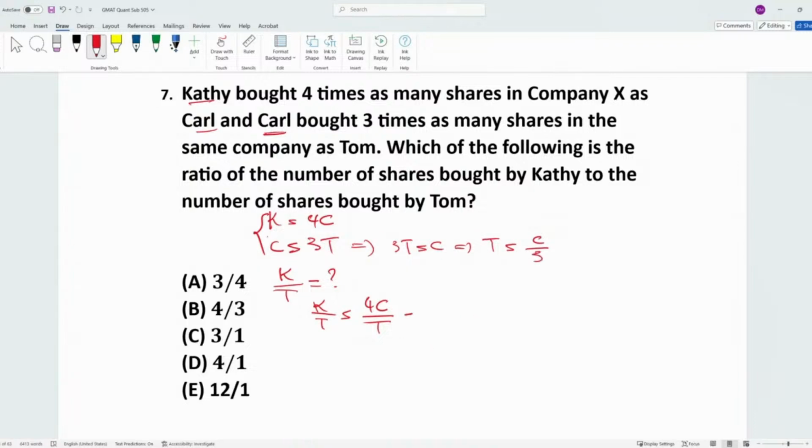So we will have 4C, then T we are going to replace by C over 3, which is going to give us 4C times 3 over C, which is going to give us 12C over C, which is equal to 12, because the C's will cancel, and 12 over 1. So basically, this is our answer.